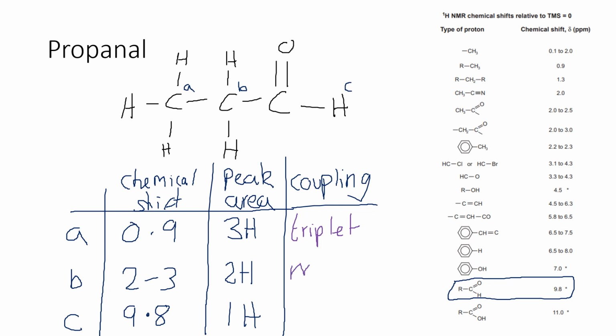We call it a multiplet, where it couples in more than one direction, where it can couple to the left and the right, and you just expect it to be quite a complicated arrangement of peaks because it's coupling in more than one direction. We just call it a multiplet. Whereas C, the aldehyde, is coupling to the CH2 group, so you'd expect it to be a triplet on the high resolution NMR.